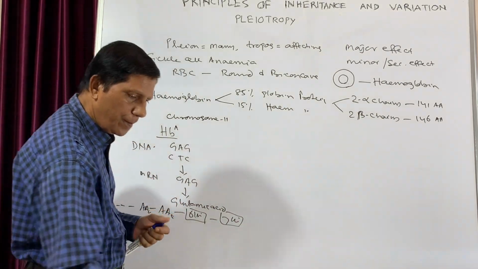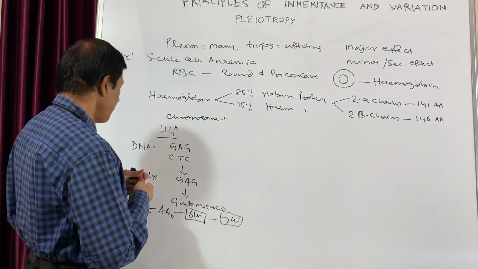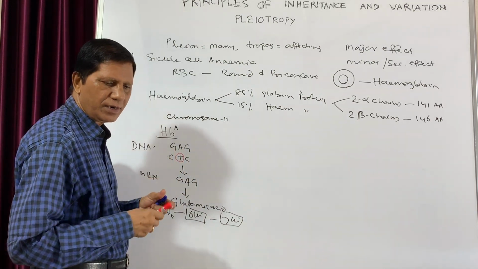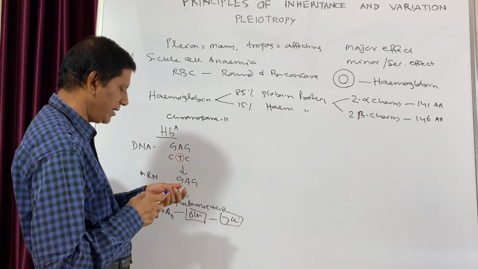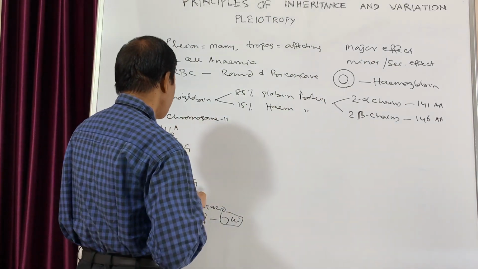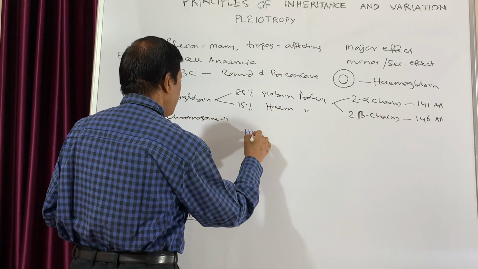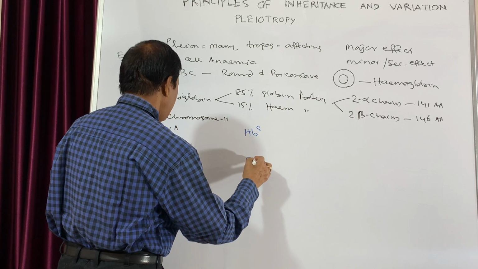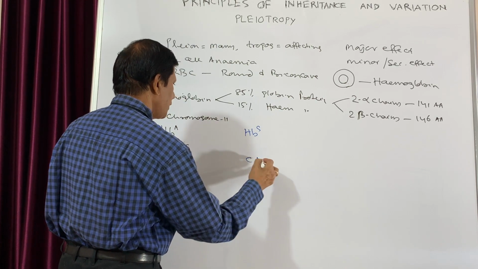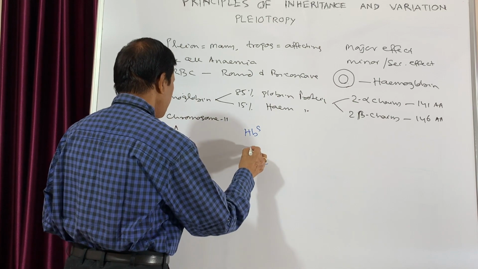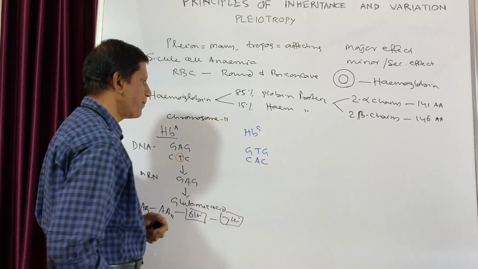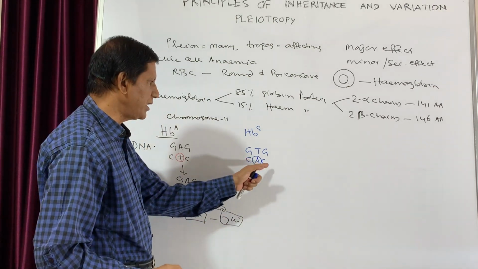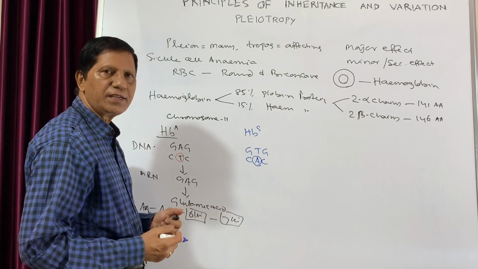Now if somehow the thymine present in CTC is mutated and converted to adenine, then what will happen? In that case, it will be converted to the sickle cell. Now this was C T C, now it is converted to C A C. So naturally this side will be G T G. You see, originally it was CTC, now it is converted to CAC, so naturally the other strand is changed.